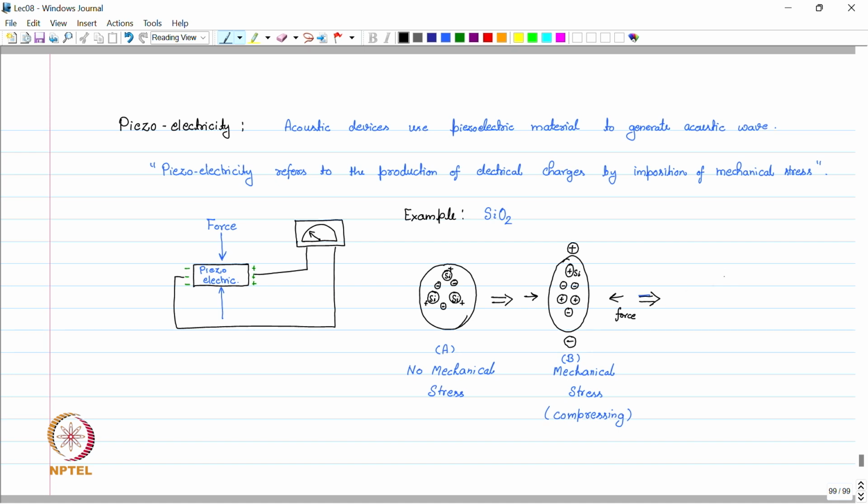This is case C, where the force is expanding this material in the x direction. So what will happen? The positive charge, which is the silicon atom, will go inside, and the negative charge will be dominating compared to the normal case.